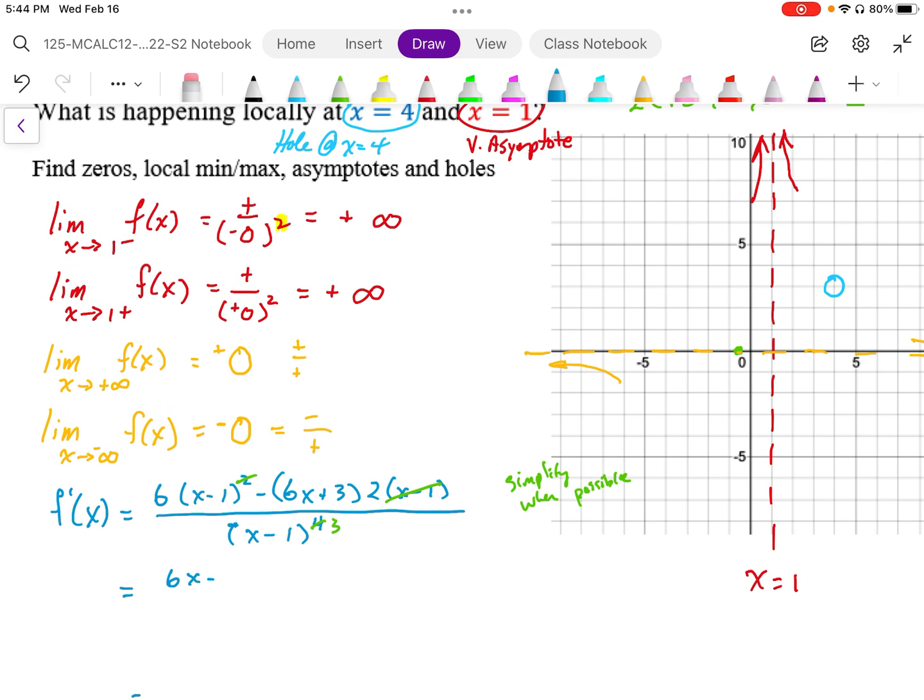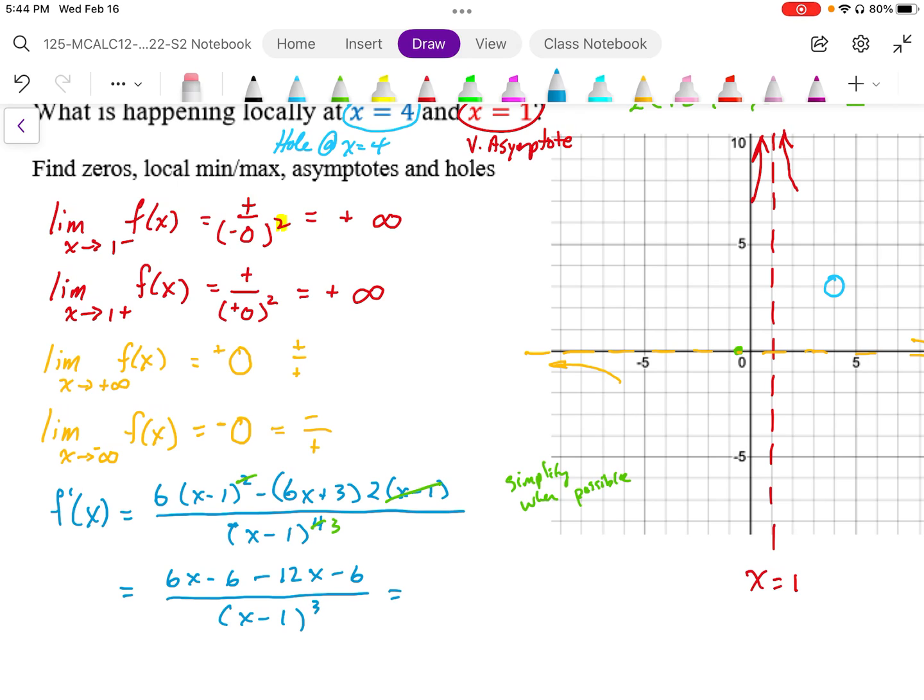So 6x minus 6 minus 2 times 6x is 12x, minus 2 times 3, which is minus 6. And that is my numerator. I should just be careful of my signs though. Okay, just double checking the signs. You should always double check signs when we have lots of terms like this.